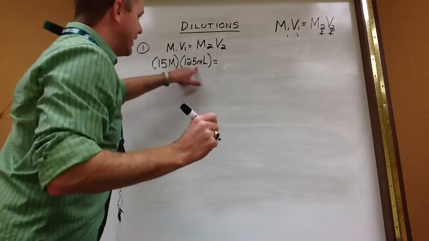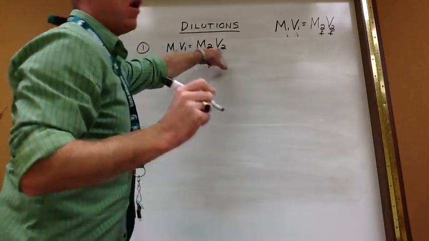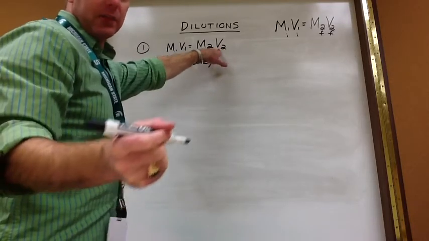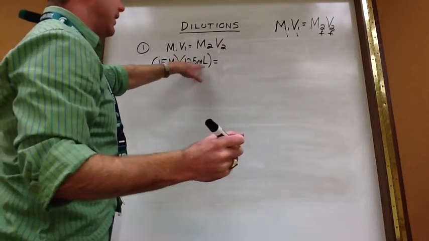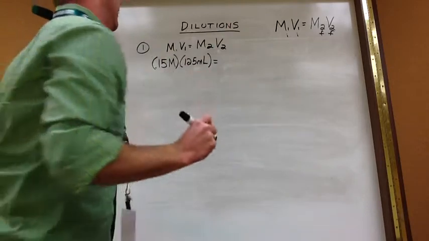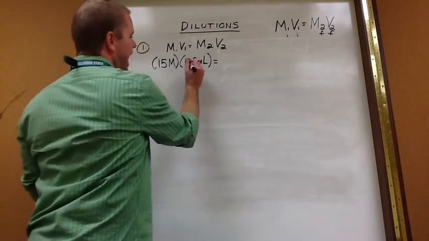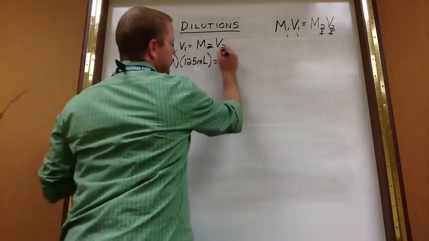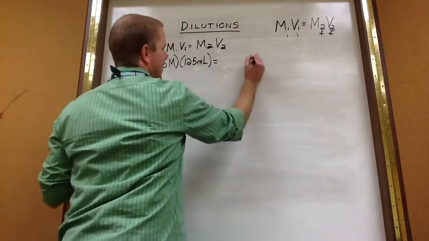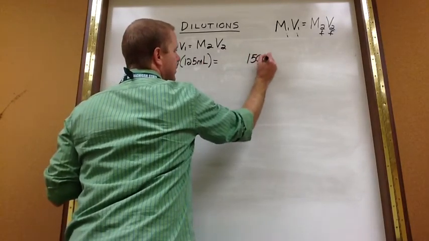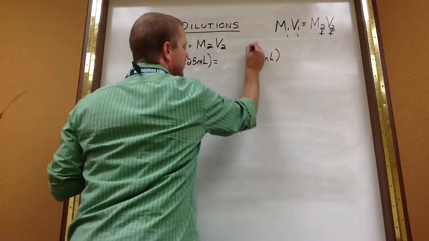So since you have milliliters here, the volume here will also have to be in milliliters. Or you could have changed it to liters and have liters and liters, whatever you want to do. So you're going to add 25 milliliters onto this. So your new volume, when you add 25 milliliters, is 150 milliliters.